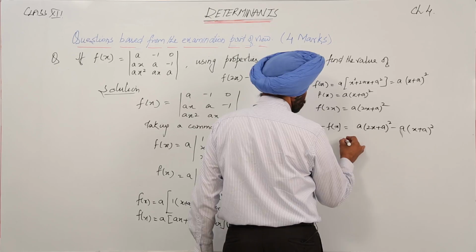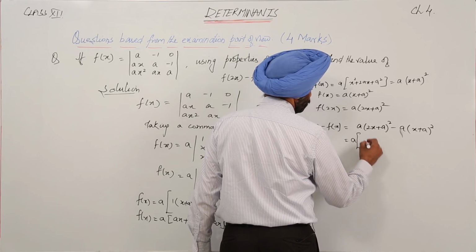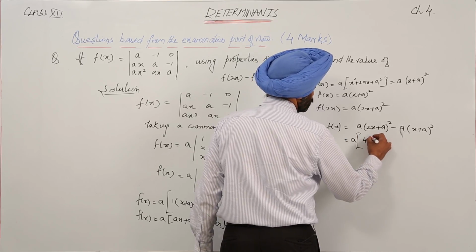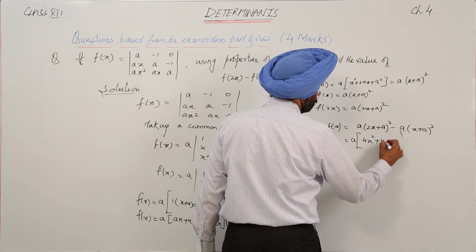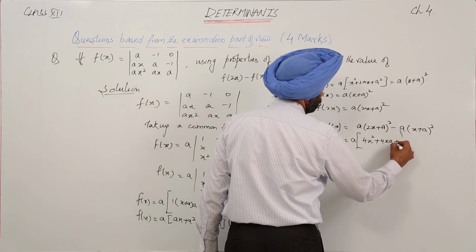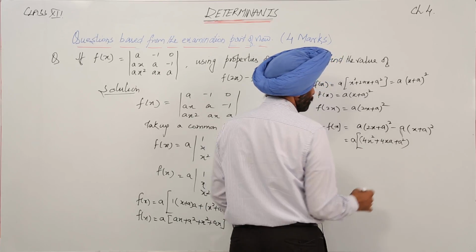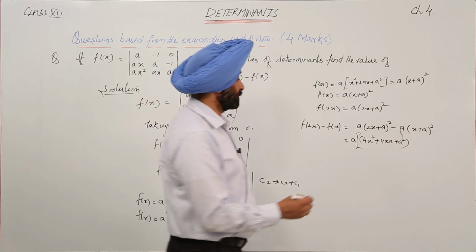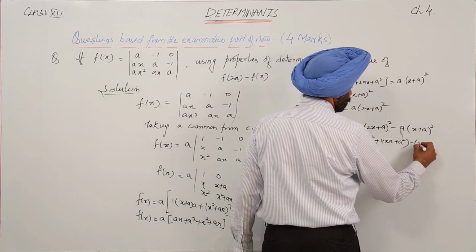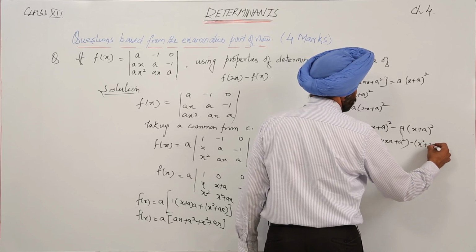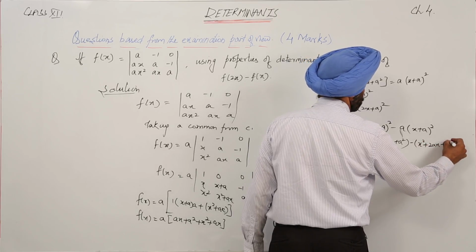Now let a be common. Now we are having 4x square plus 4xa plus a square, expanding 2x plus a whole square, minus, now x square plus 2ax plus a square.